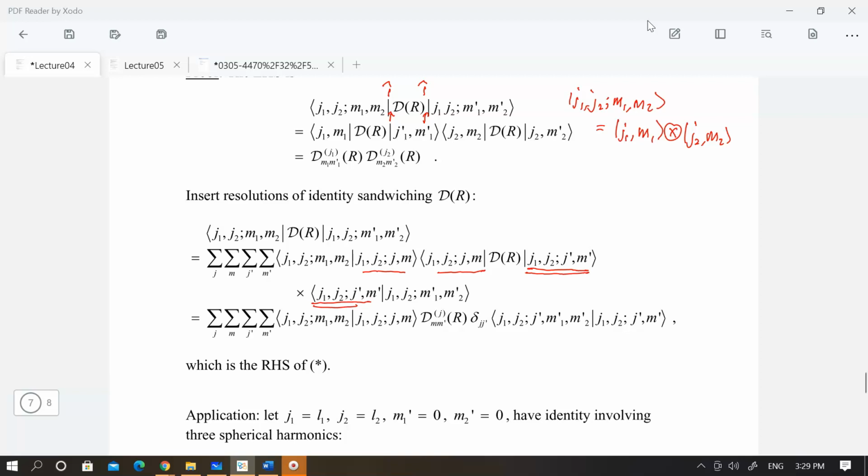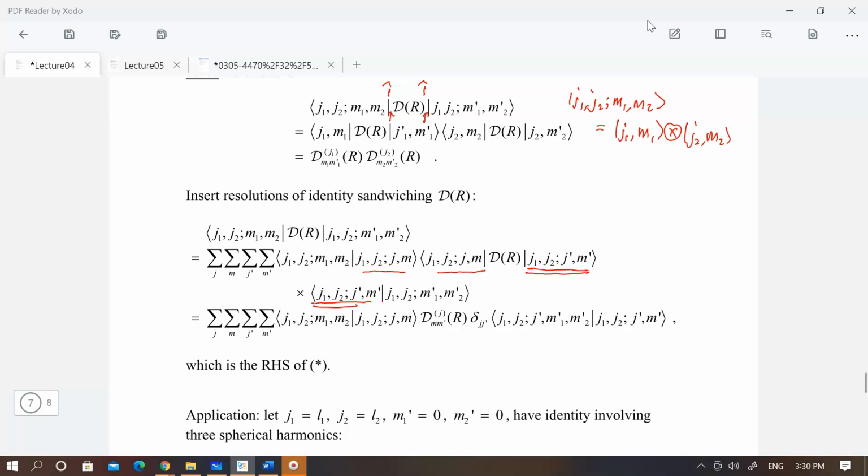So these are again your identity operator resolved according to the total angular momenta J dash M dash, and this one according to J and M. That means you need to sum over J and M here and sum over J dash M dash.